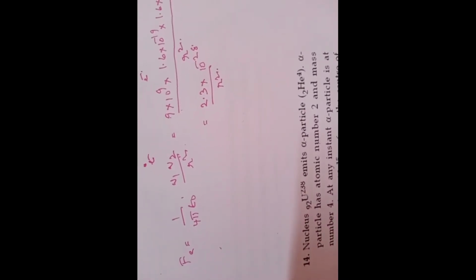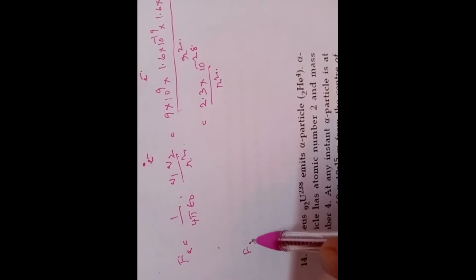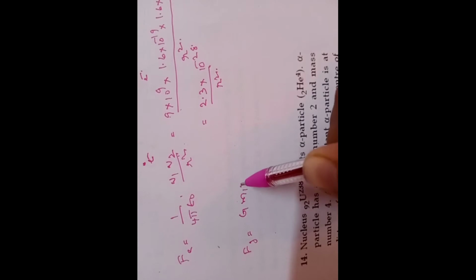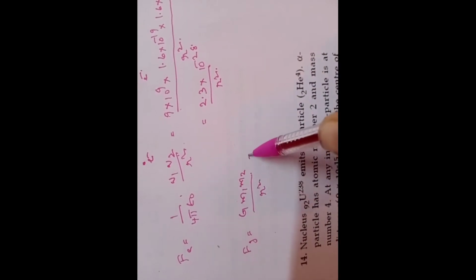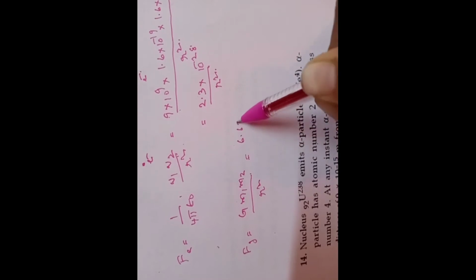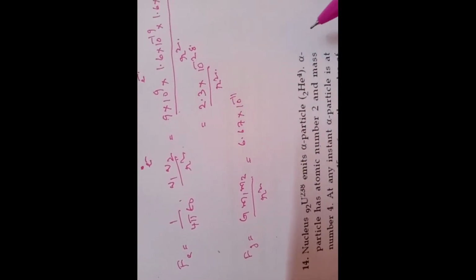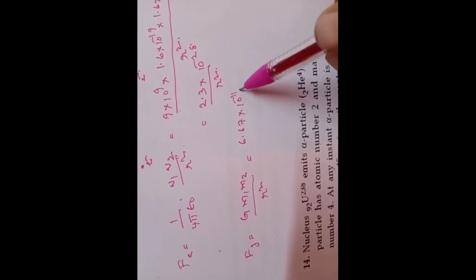Come to the gravitational force. Gravitational force is equal to G m1 m2 by R square. G is the universal gravitational constant, its value 6.67 into 10 power minus 11.